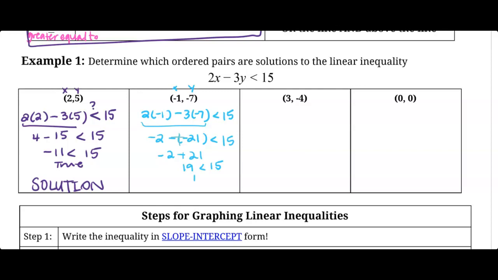That is false, so this is not a solution. If you end up with a true statement, then you have a solution on your hands. If you end up with a false statement, then it's not a solution. And you would do the same thing for the other 2 points.